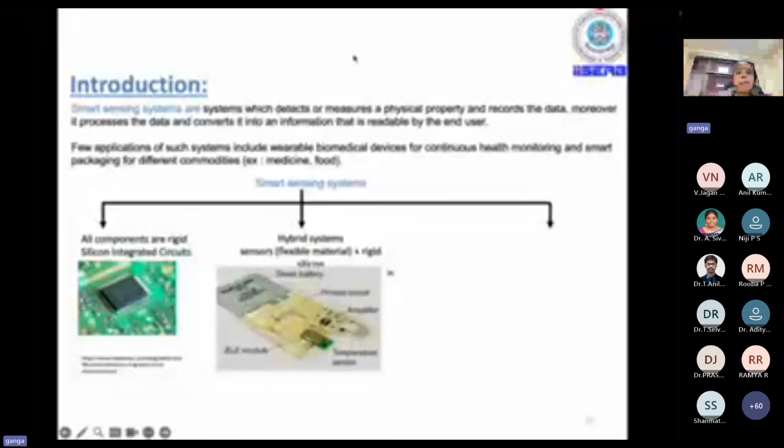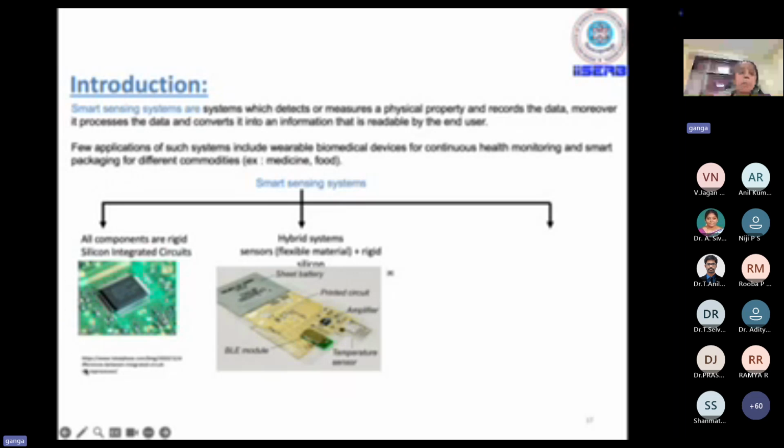Now we are going to see some motivation about these flexible electronics and how they are different from rigid electronics, what their niche of applications are, and how they can be used in smart sensing systems. So basically in a smart sensing system, we measure some physical property without manual intervention, in an automated way, so we should be able to sense any physical process.